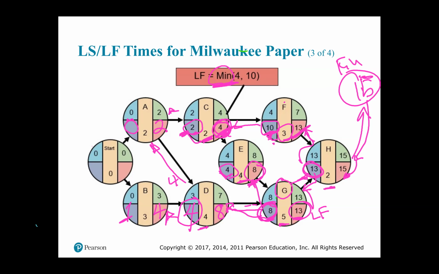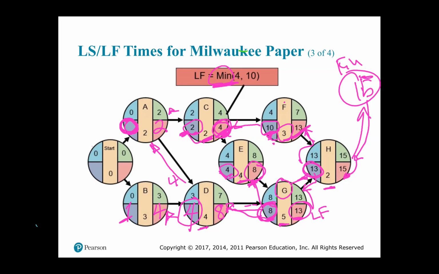So when you're going to the start, notice there is an arrow from start to A and an arrow from start to B. So you must consider then an arrow from B to start and an arrow from A to start. When you look at the A node, you see the late start is 0.